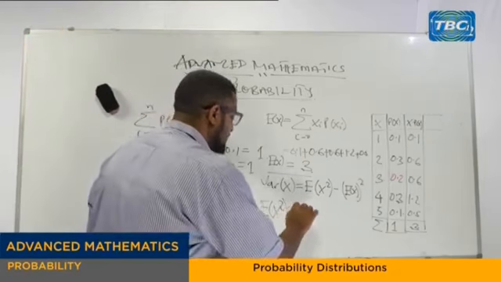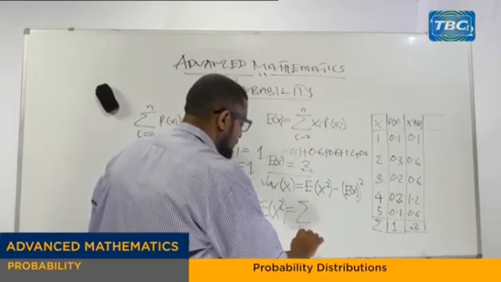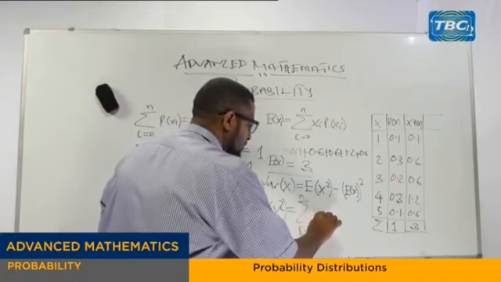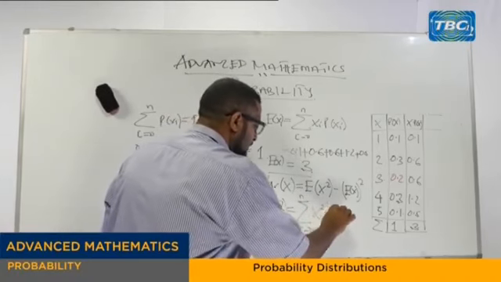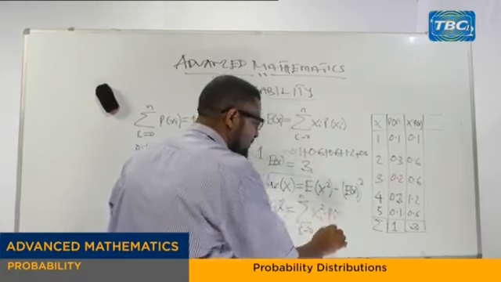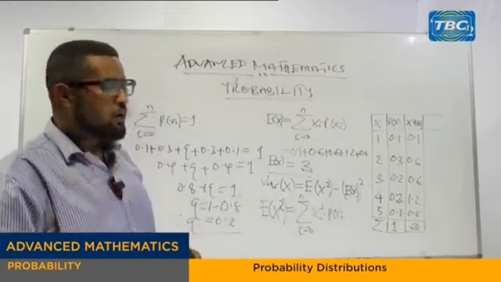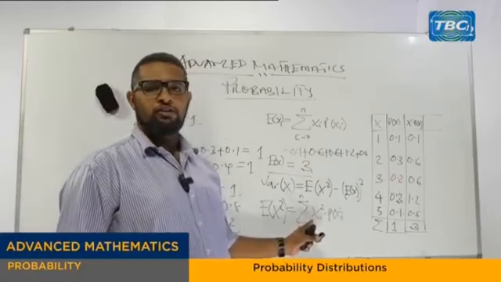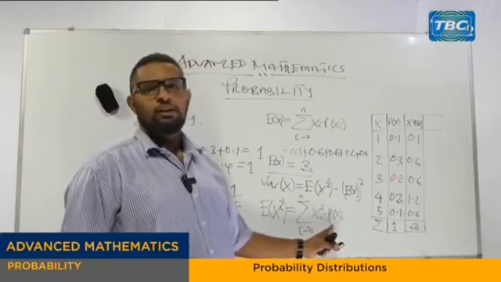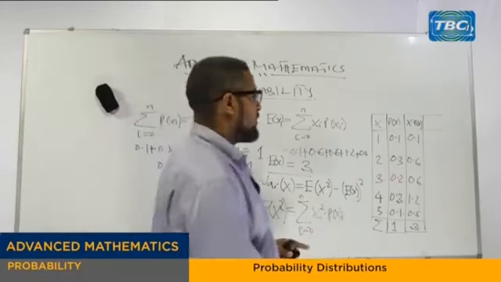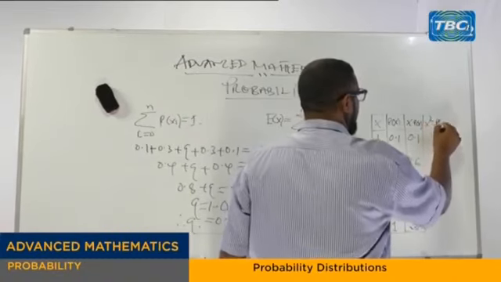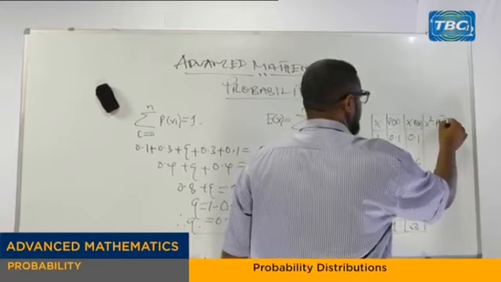The formula is the summation from i equal to 0 up to n of the variable x squared times its probability. Now we need a column that will give us the square of variable x and their probability. So we are adding a column for variable x squared and their probability.